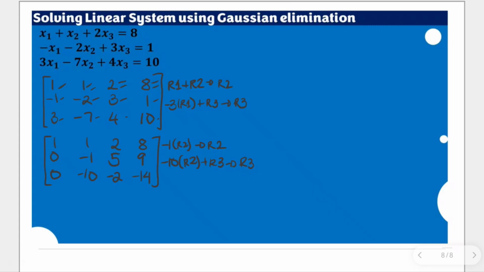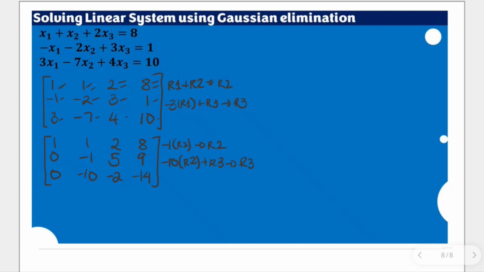Because when you multiply -10 to -1, that will become +10. When added here, it will become 0. Since our goal here is for this to become a leading 1, we need to make sure that the next would be 0. So don't be confused about the multiple operations.